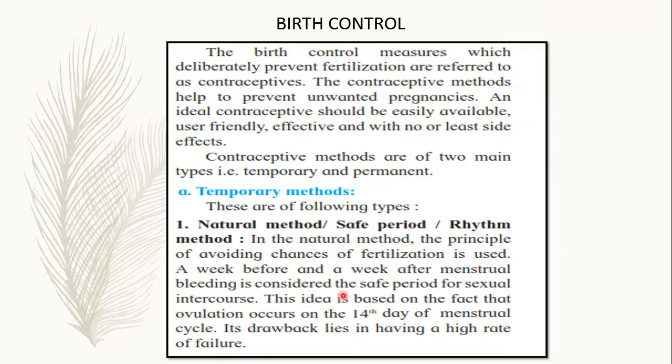The menstrual bleeding is considered to be the safe period for sexual intercourse. But there is a high drawback that this method can fail if your calculation goes wrong or if the hormones play some other important game. So this is the first temporary method, the natural, safe or rhythm method.